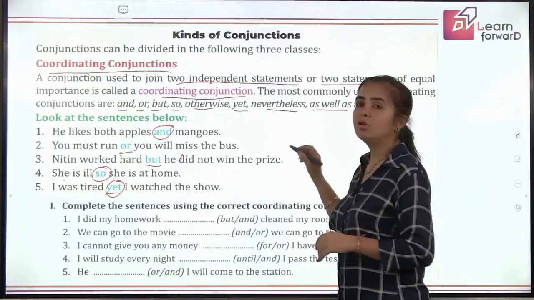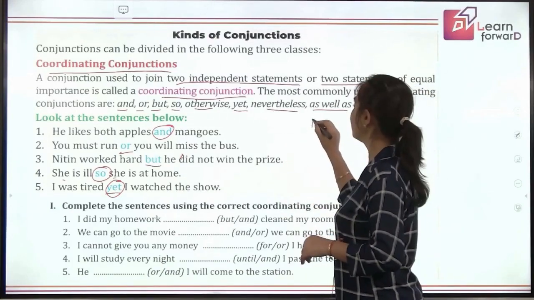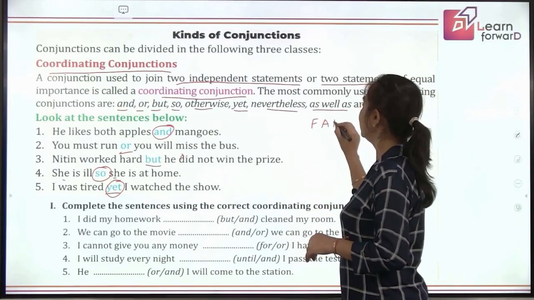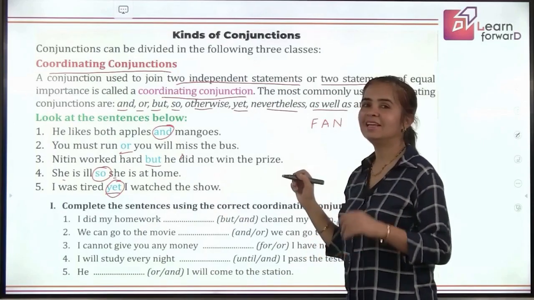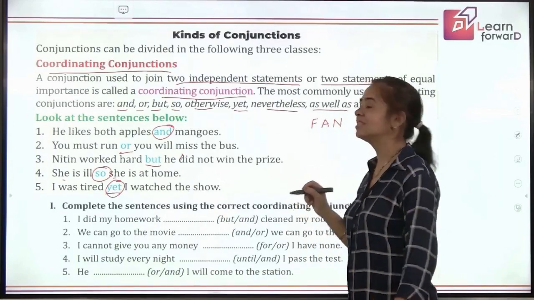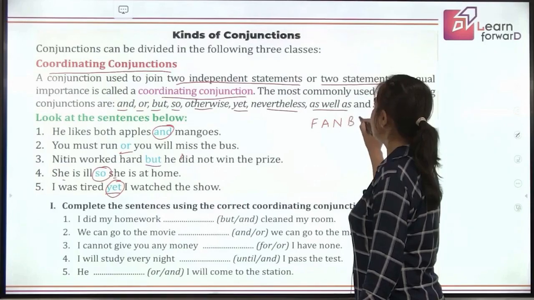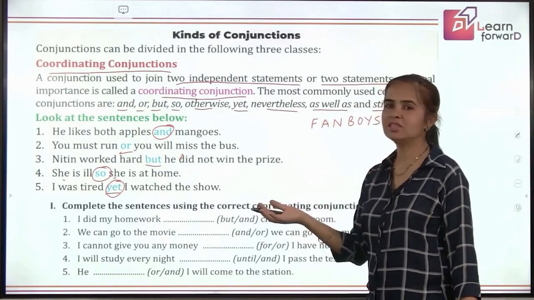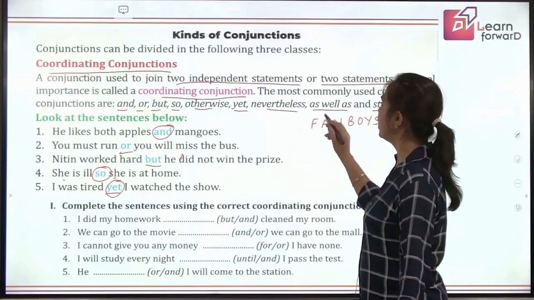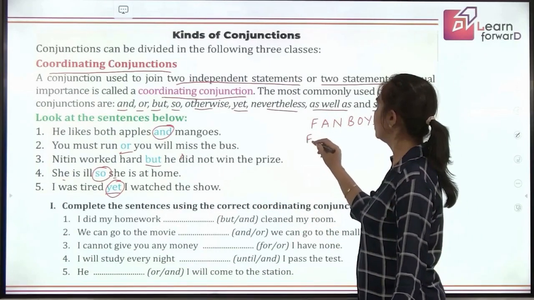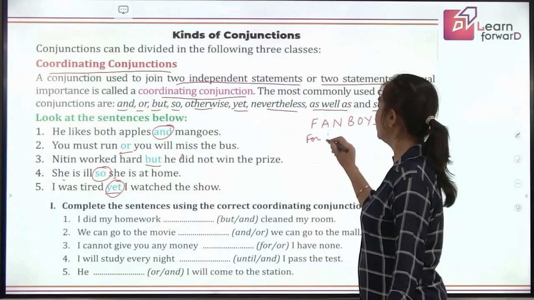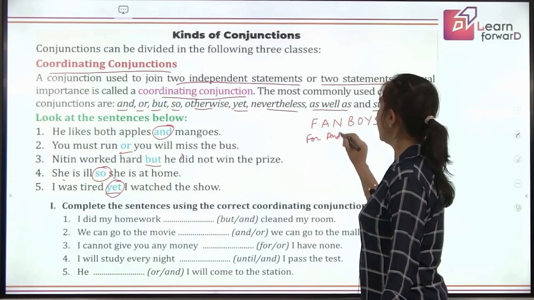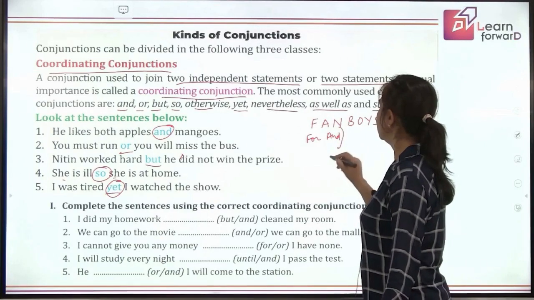And how do you remember them? We have F-A-N. You know what this is? Yes, it's over your head. That's a fan. And then we have boys. Fanboys, you can just remember this one word. So F stands for for, A stands for and, N stands for nevertheless.